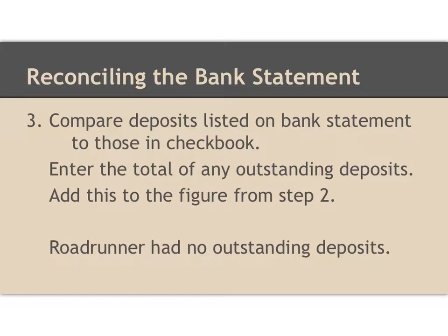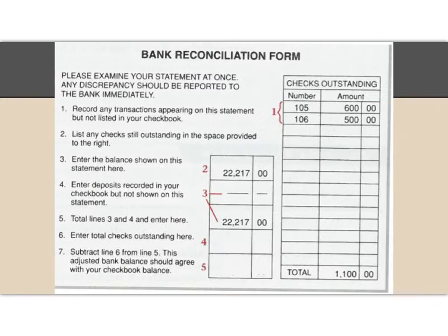Compare the deposits that are listed on the bank statement with those that are in the checkbook. We enter the total of any outstanding deposits and add this figure to what we just did in the previous step. There were no outstanding deposits. And as a result of that, we put a 0.00 here to indicate that there was nothing to include here.